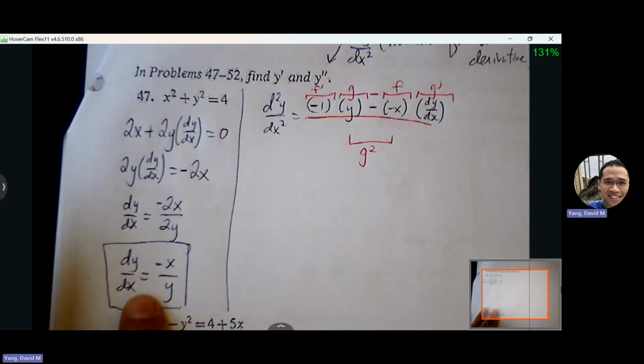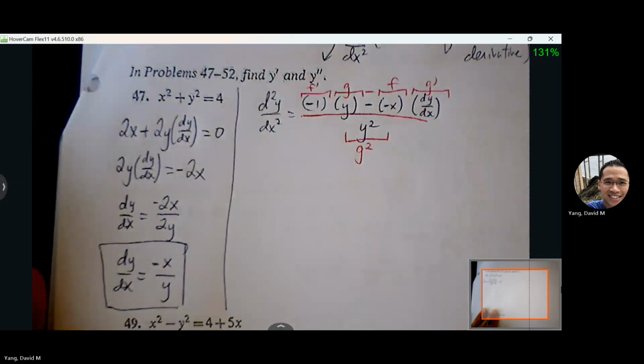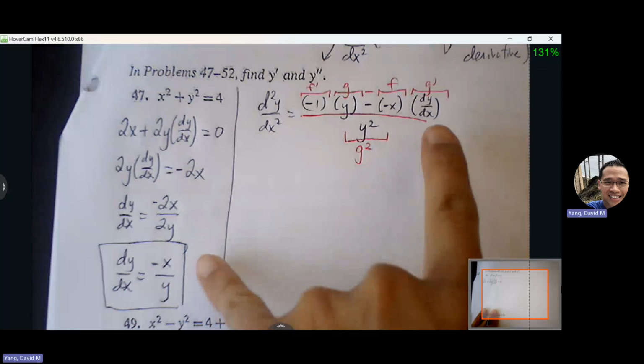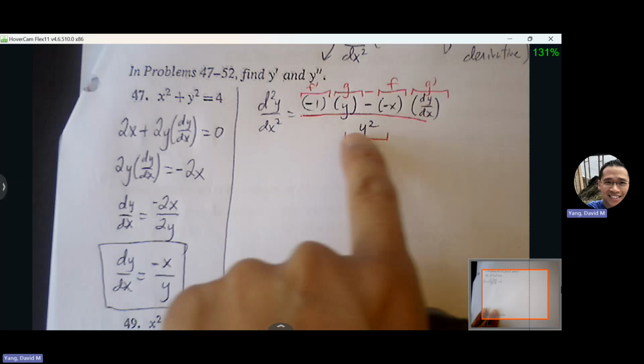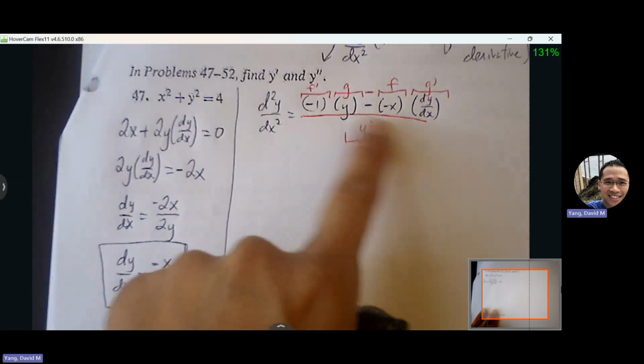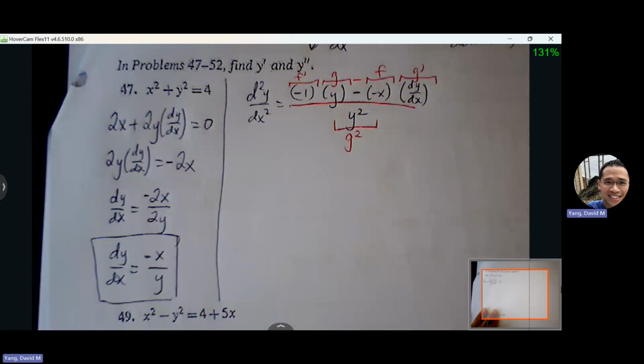All over y squared. Okay. This isn't so bad, but we still want to do some cleanup. As we do some cleanup, we're gonna do some substitutions. We may have to do some common denominators, and I'll show you how the problem can clean up to something more simplistic. But at least we're done with the calculus.